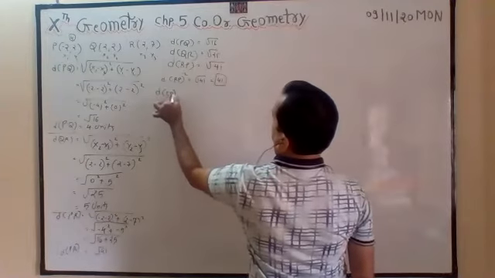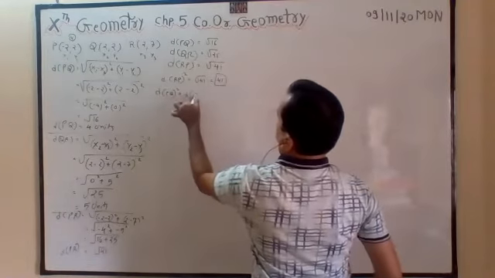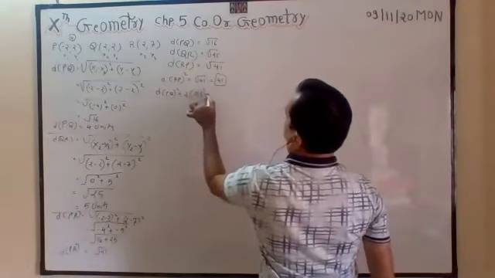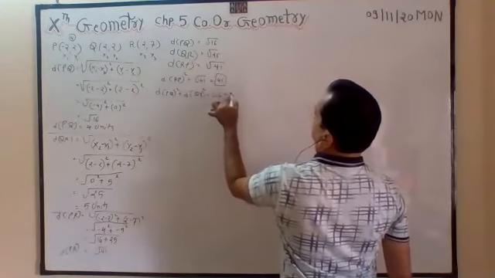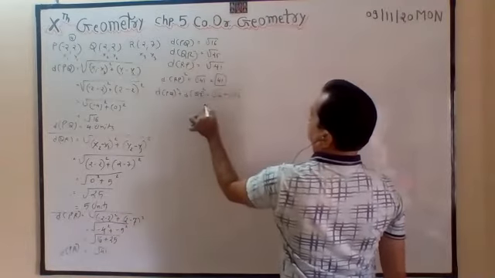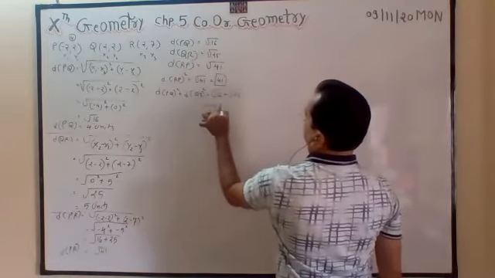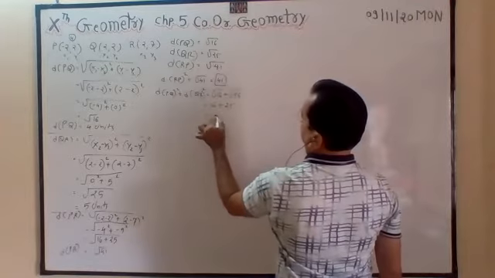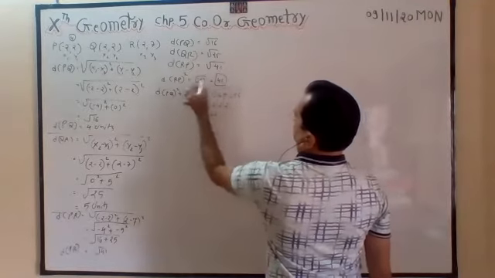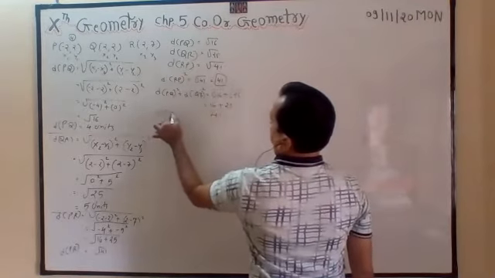Rest of the squares: distance PQ squared plus distance QR squared is equal to 16 plus 25, which is equal to 41. So these and these are equal.